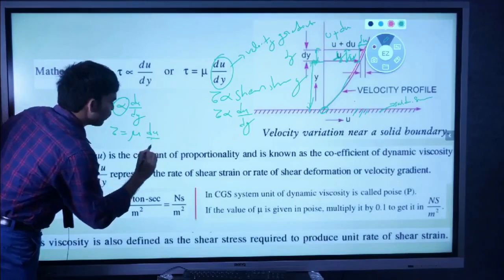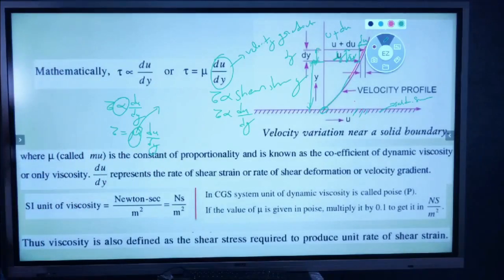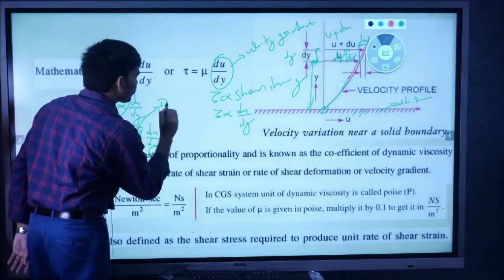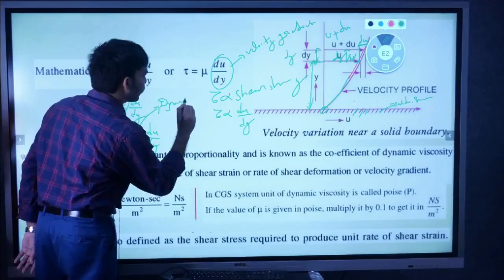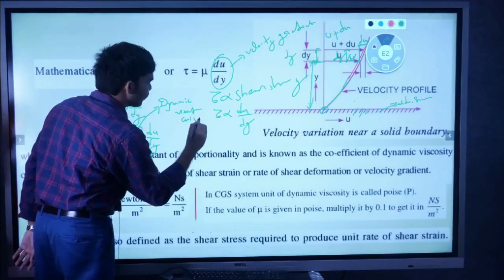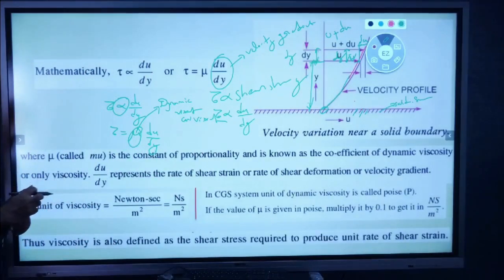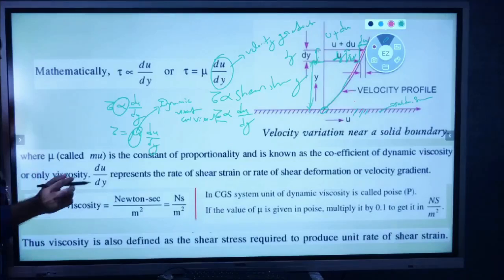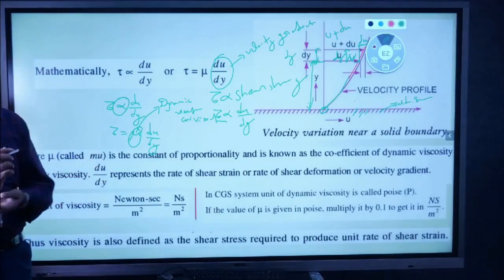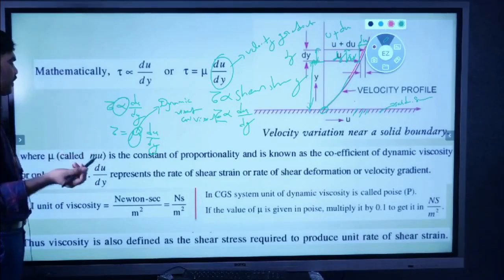So this mu you can call the dynamic viscosity, or simply viscosity. Okay, is it clear?